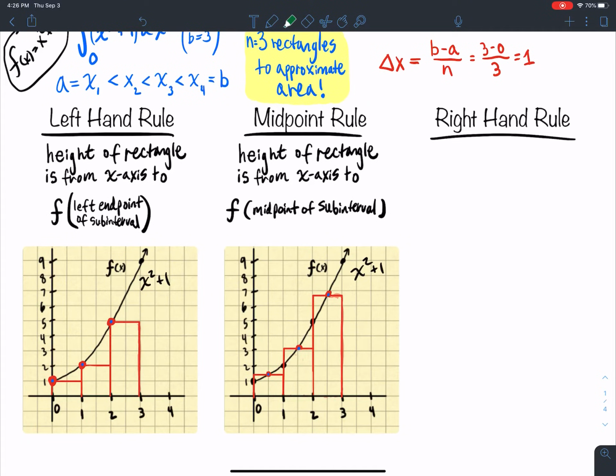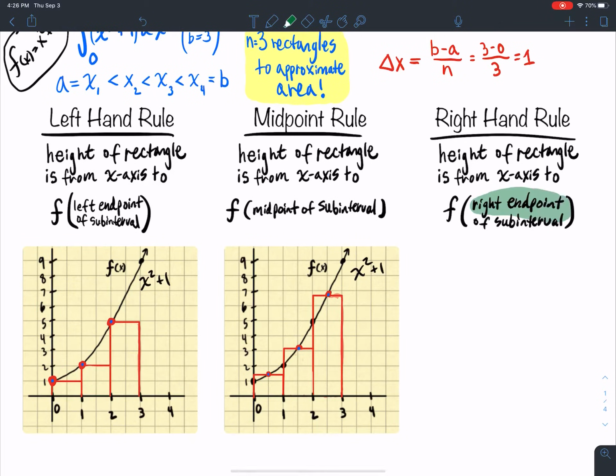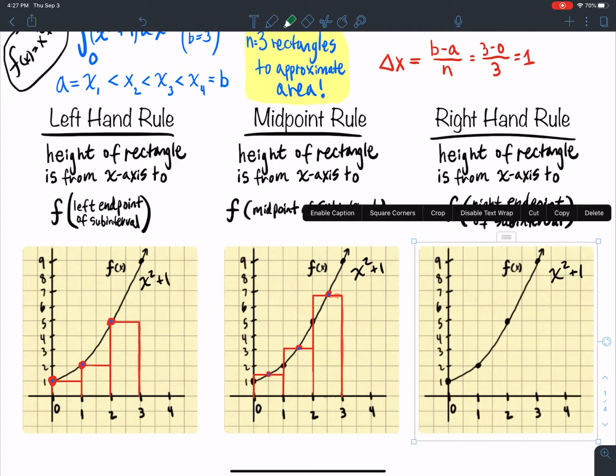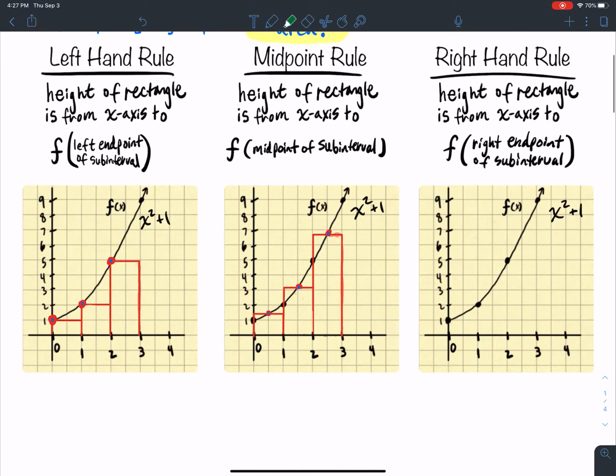The last one is the right-handed endpoint. With the right-handed endpoint, the height of the rectangle is from the x-axis to the right endpoint, right-hand rule, versus left endpoint, left-hand rule. So I go to the right side of each interval and plug in the input for my f to get this height here.